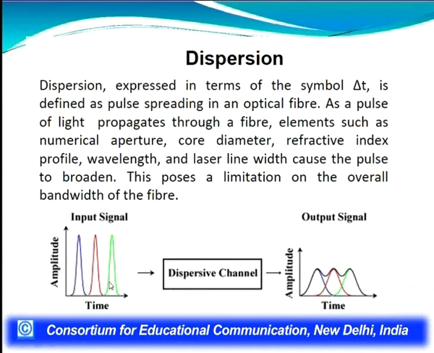As the pulse of light propagates through a fiber, elements such as numerical aperture, core diameter, refractive index profile, wavelength and laser line width cause the pulse to broaden, and these are also important features to pass the light into the fiber, and these affect when the dispersion takes place. This poses a limitation on the overall bandwidth of the fiber, and this dispersion is denoted by the symbol delta T.